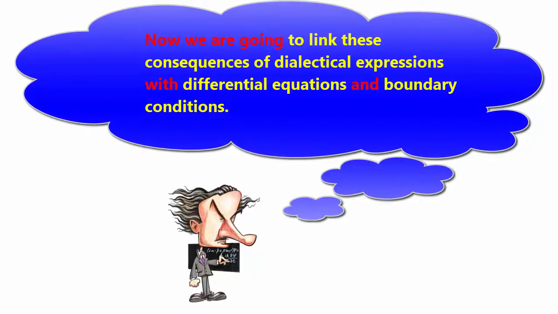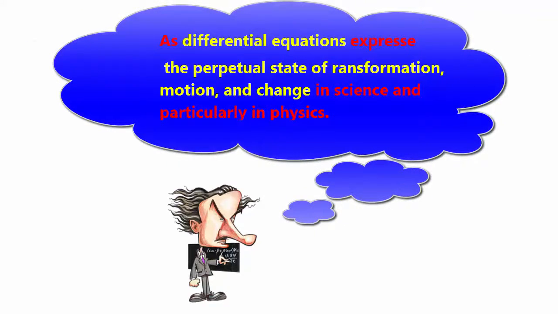Now we are going to link these consequences of dialectical expressions with differential equations and boundary conditions. As differential equations express the perpetual state of transformation, motion, and change in science and particularly in physics.